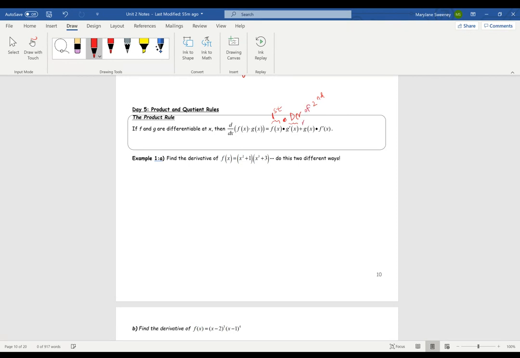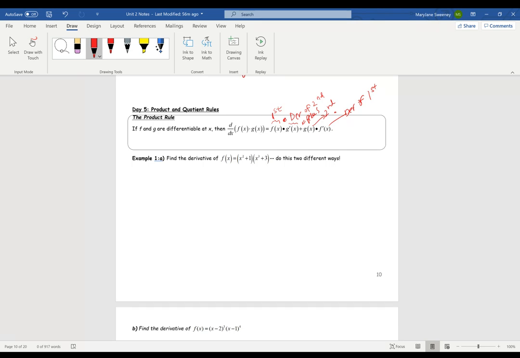Then it goes plus the second factor times the derivative of the first factor. So you'll hear me say this over and over again when we're doing product rule.